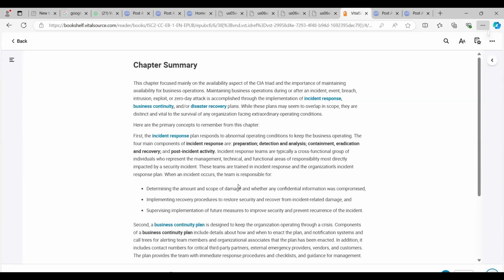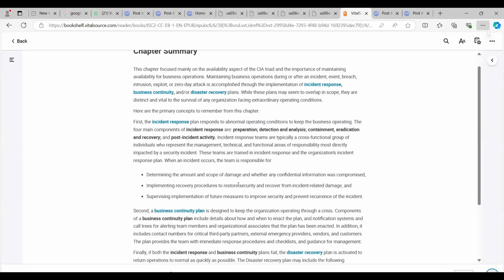Maintaining business operations during or after an incident, event, breach, intrusion, exploit, or zero-day attack is accomplished through the implementation of incident response, business continuity, and/or disaster recovery plans. While these plans may seem to overlap in scope, they are distinct and vital to the survival of any organization facing extraordinary operating conditions.